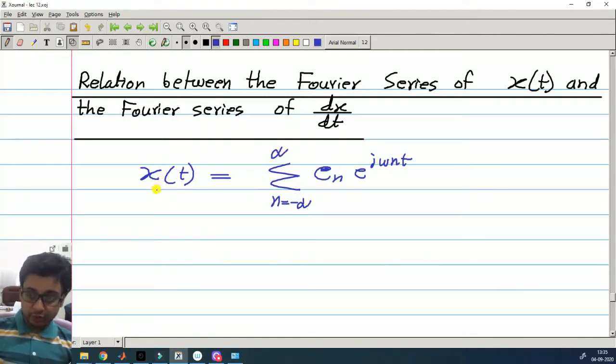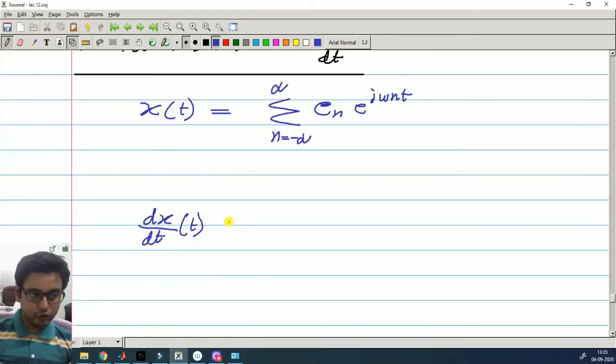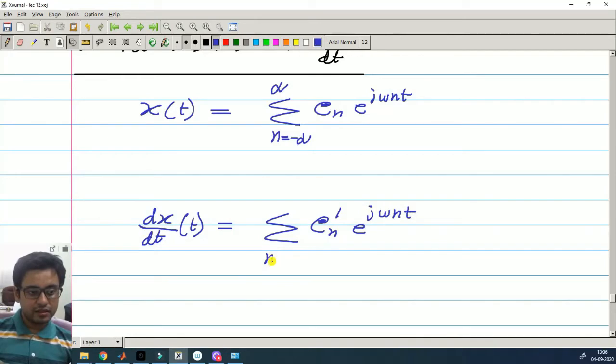If x is periodic, definitely dx/dt will also be periodic with the same time period, and therefore you can write it as a Fourier series. Suppose it is Cn prime e to the power j omega n t, n running from minus infinity to plus infinity. Now what is the relation between Cn and Cn prime?